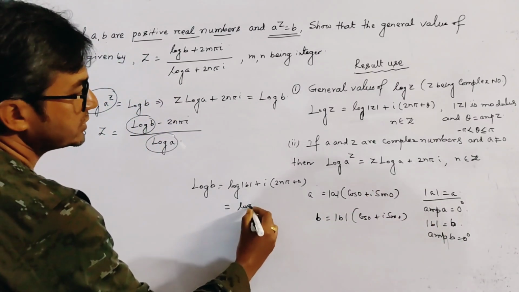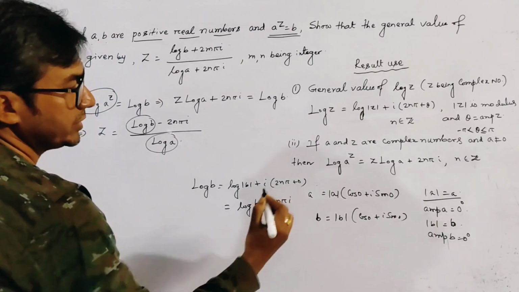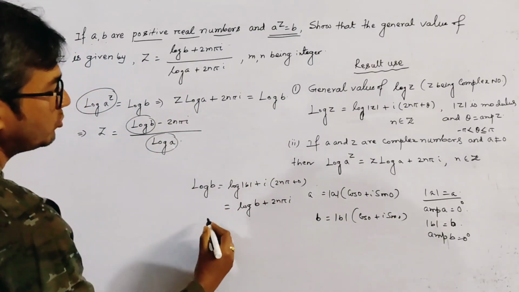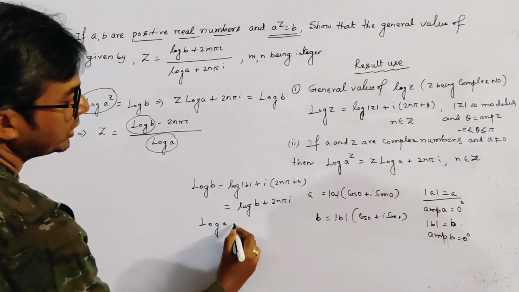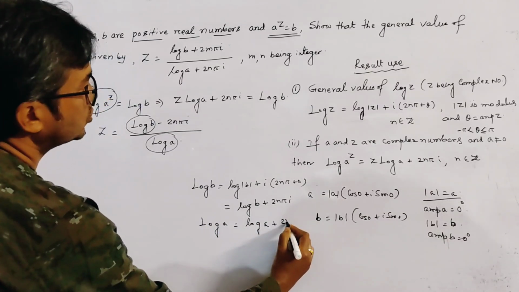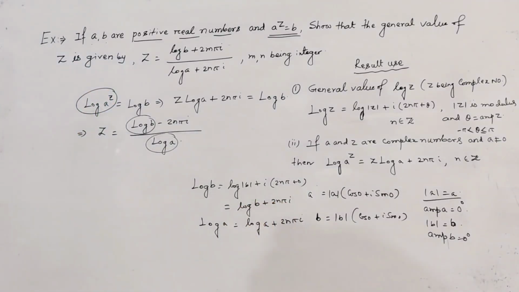So we get log b plus 2n pi i. And from log a we get directly log a plus 2n pi i.